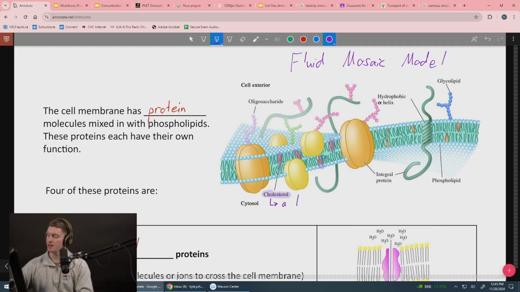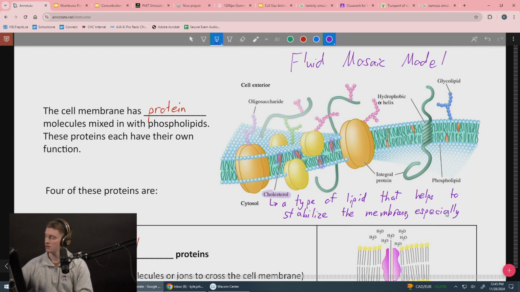Cholesterol is a type of lipid that helps to stabilize the membrane, especially against temperature changes.